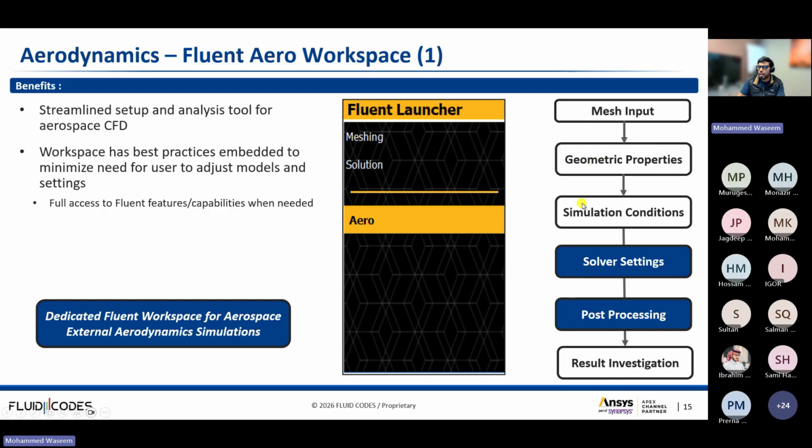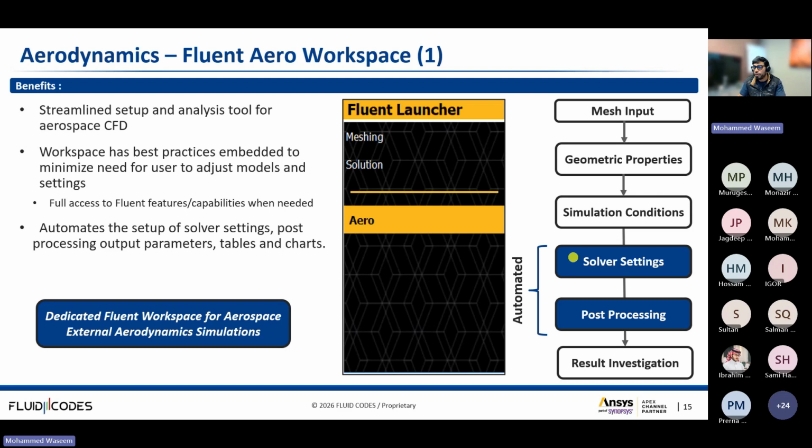Next, you define the simulation conditions like Mach number, Reynolds number, altitude, and so on. From there, it applies the solver settings by default, automated with robust convergence controls. And once it runs, it automatically creates post-processing outputs such as reports, tables, and plots per your design points.